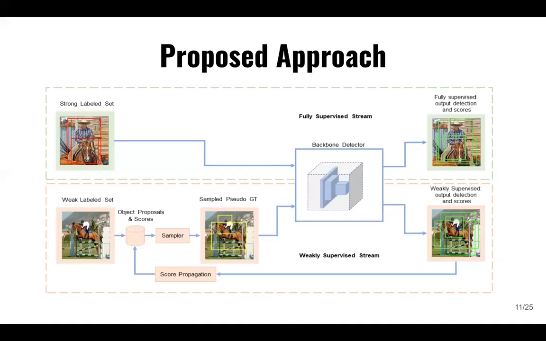So though we sample randomly in the beginning, due to this score propagation process the sampler will accumulate good scores at the object regions, which are semantically correct, and subsequently it will start sampling better from the correct regions. Now we'll see how these two components work in detail.